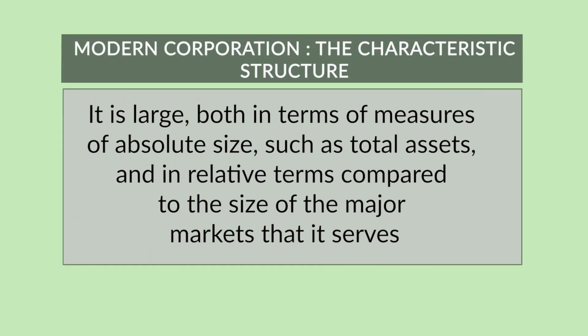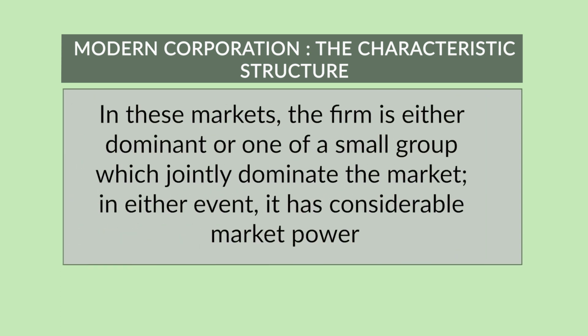If we try to sketch out the characteristic features of the modern corporation, we can say that it is large both in terms of absolute size, such as the total assets, and also in relative terms compared to the size of the major markets that it serves. In this market, the firm is either dominant or one of a small group which jointly dominates the market. In either event, this firm basically has considerable market power.